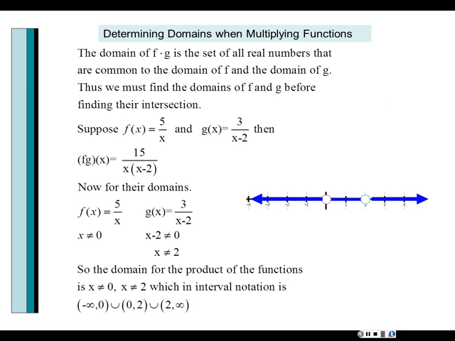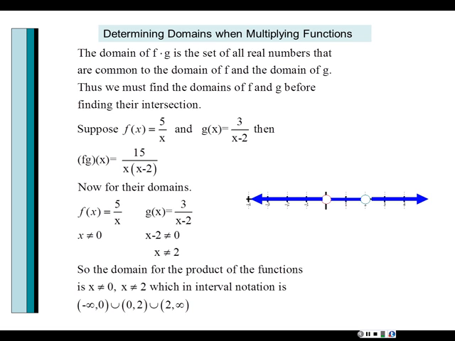For the first function, what is your domain? You always want to make sure that the denominator is not 0. At this point, the denominator is x, so x must not be 0. The only point of x which is excluded is 0.